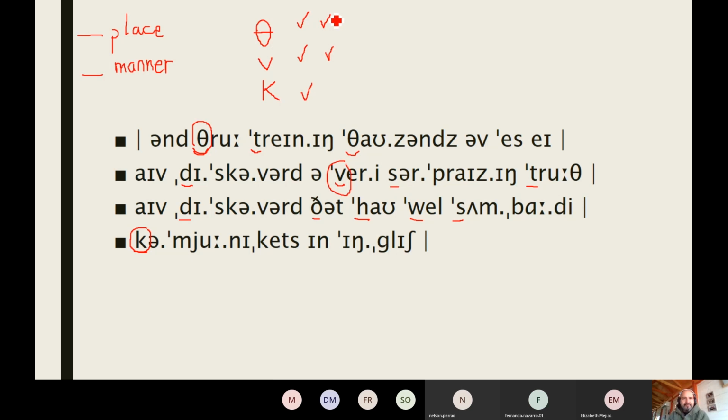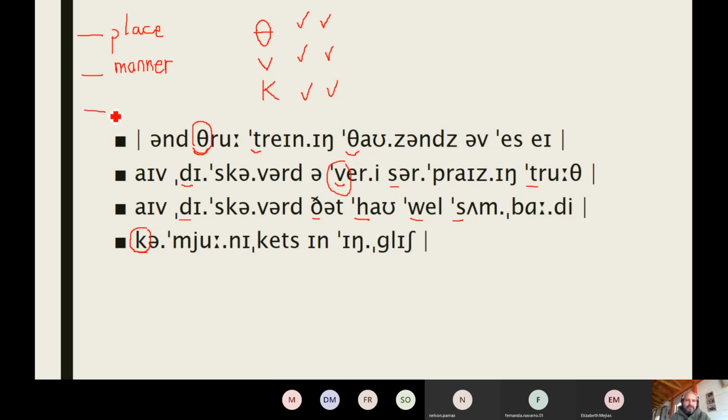And last one, in terms of manner? Plosive. Excellent. Plosive or stop, exactly. K. So we got the place and the manner.